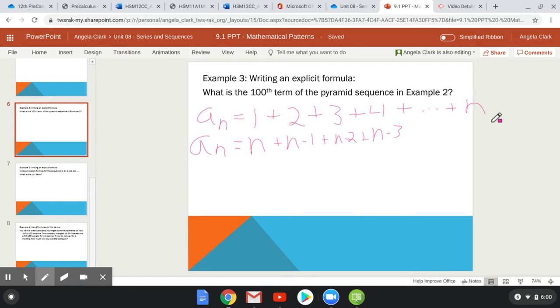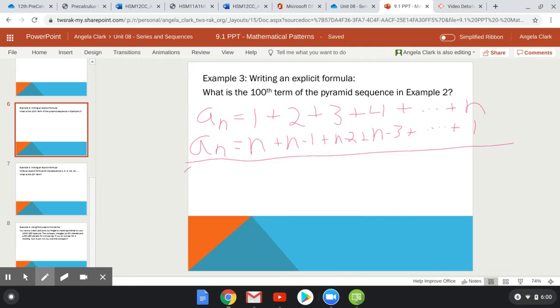I'm saying, okay, I need n, then one less than that, and then one less than that, and eventually I'm going to get to 1. So what we're going to do is add these two rows together.